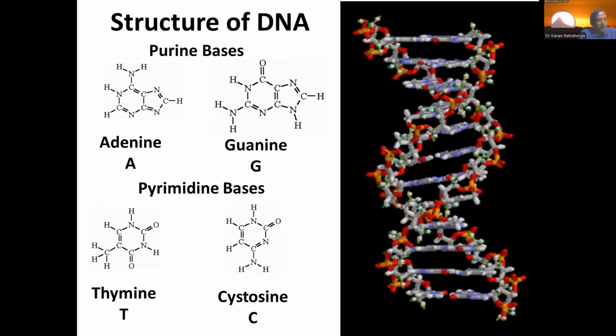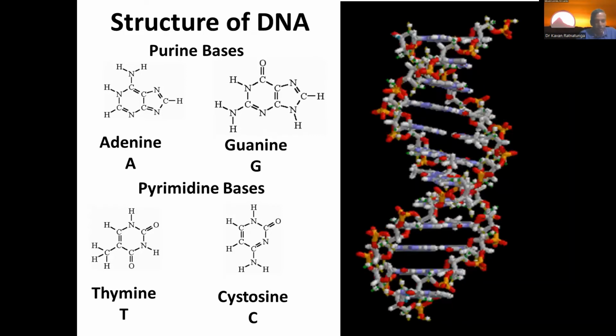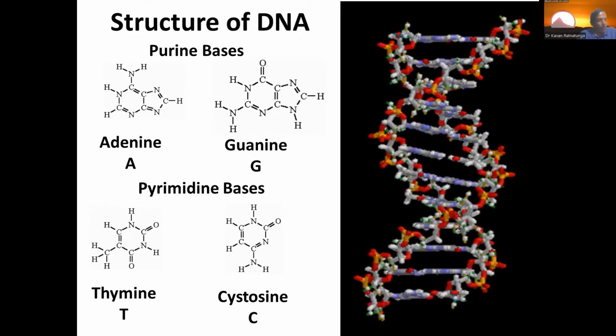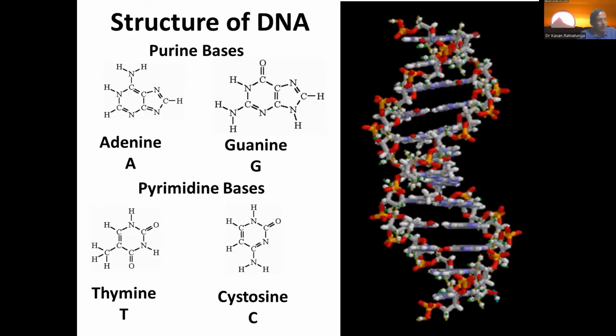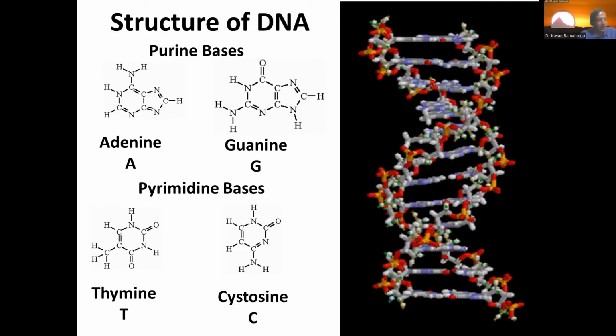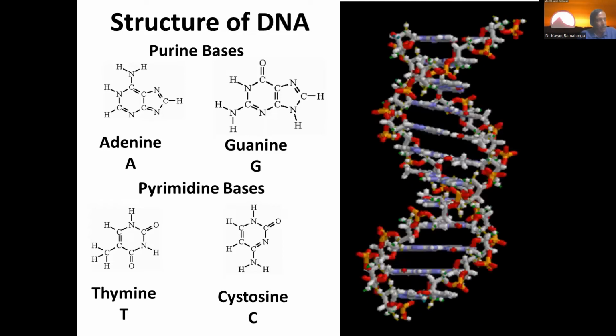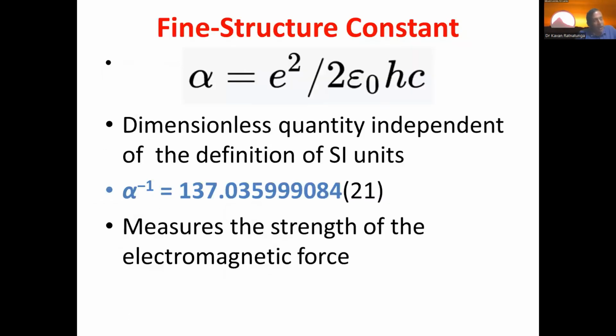But basically, everything can be understood by four DNA chemicals which create the bases of the DNA. Now we talk about a more physics problem that comes around from this. I told you about SI units.